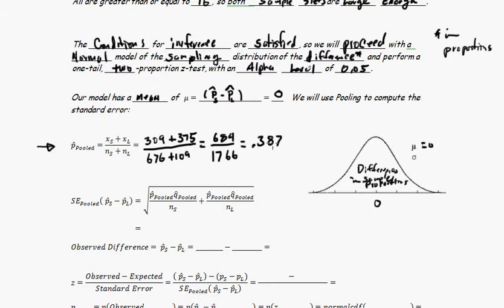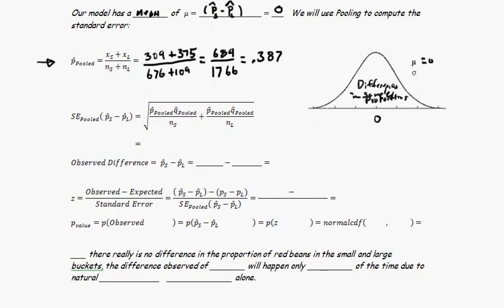Okay, so this is going to be the basis for calculating our standard deviation, because that's what we need to finish the model. We have the center. So once again, because we don't have hypothesized values, we have to use the estimated values. So what we're going to do is use a standard error, not a standard deviation. And it's like when we add two random variables, we have to add the variances.